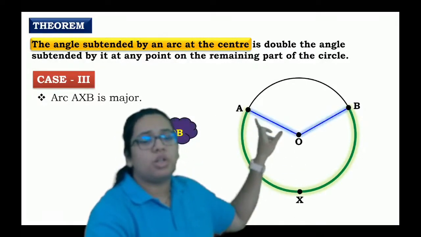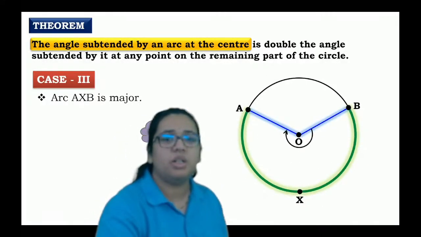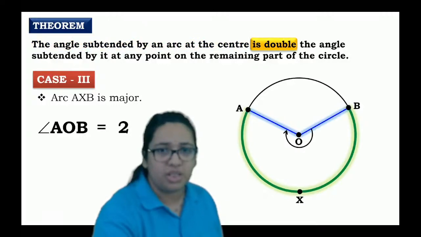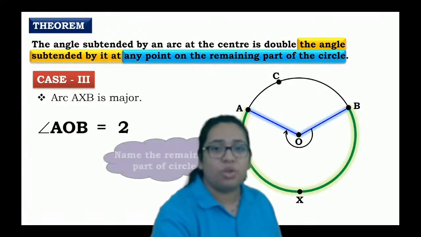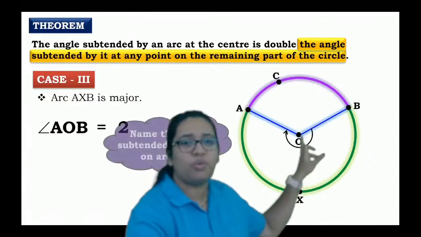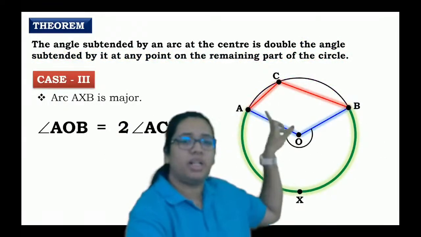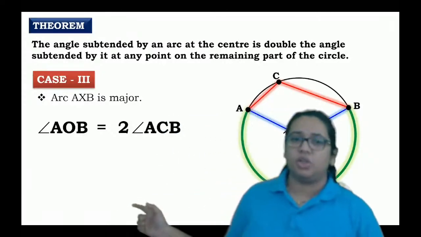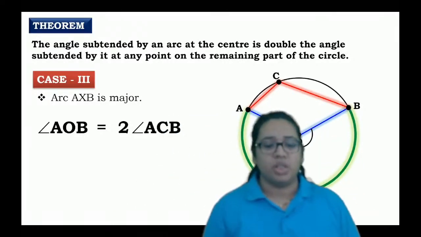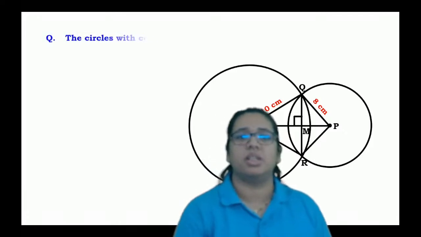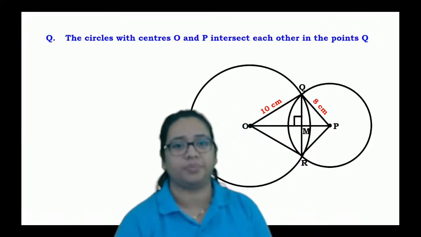So measure of angle AOB is twice the measure of angle ACB. For all the three cases, the theorem holds.